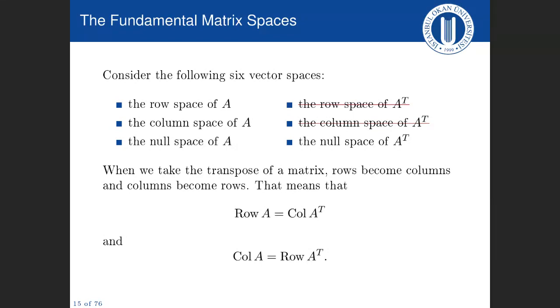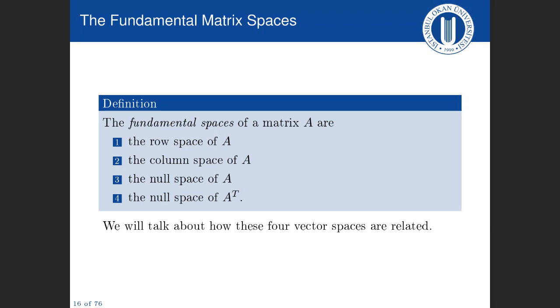Columns become rows, rows become columns. So instead of 6 different spaces here, we have 4 different vector spaces. And these 4 different vector spaces are called the fundamental spaces of matrix A.